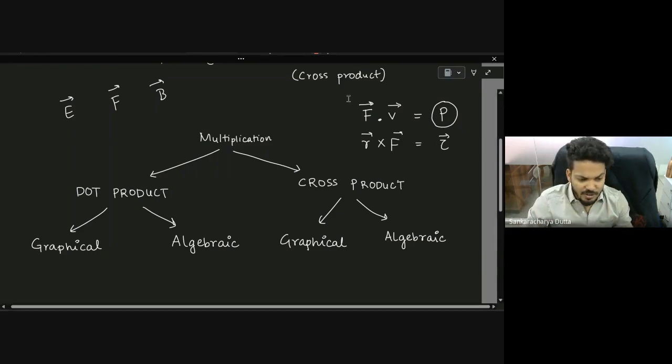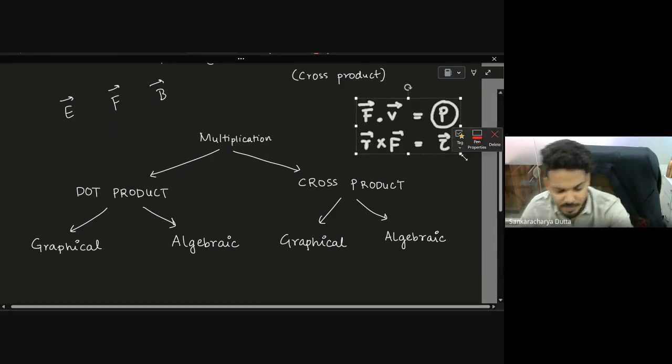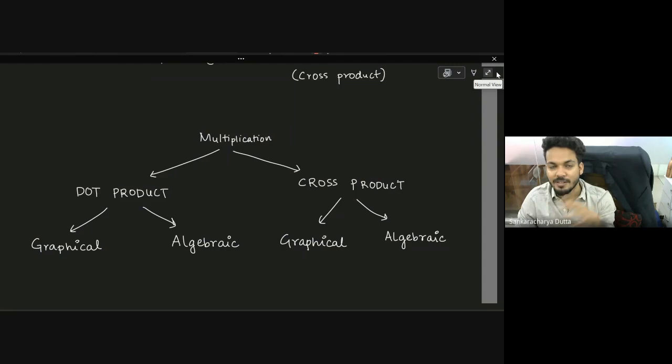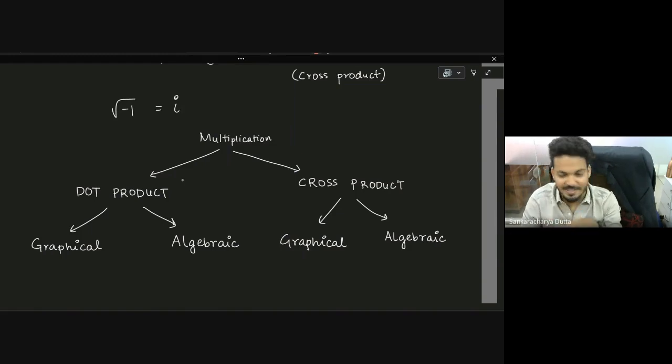So the difference between math and physics is big. In math, anything is possible. Even the square root of minus one is possible. This is an imaginary number, this is i, imaginary. Even this is possible for them.